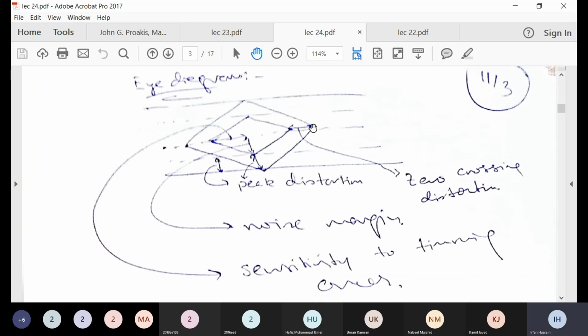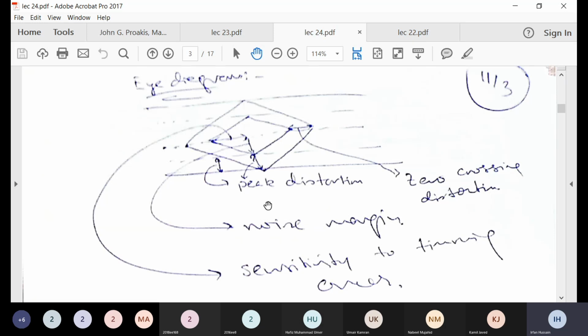This is the zero crossing distortion, because different pulses will be crossing and they might cause distortion because you don't know when it is exactly crossing. This is called the noise margin, because if this is distortion, noise could go up to this value. If it is less than this value, then the positive signal due to noise will not become a negative signal.